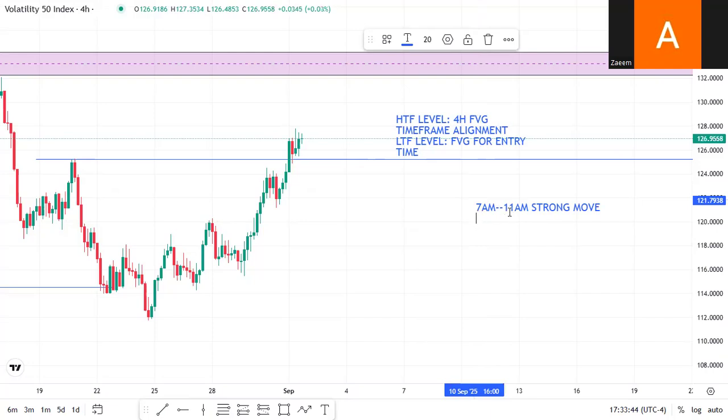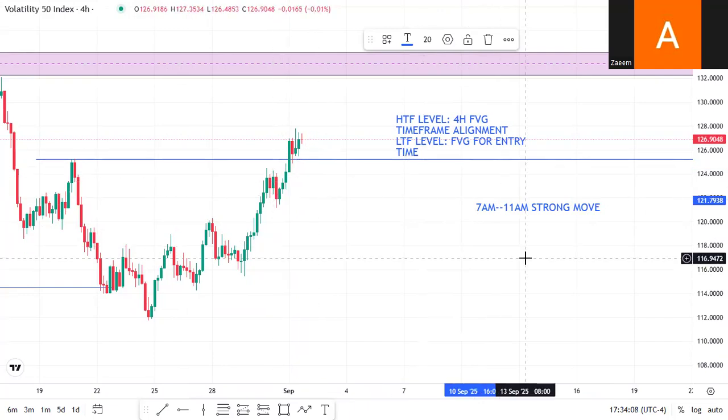From 7 a.m. to 11 a.m., volatility indices have a strong move. At this time, boom and crash do move, but it's not strong. They move relatively, but not as strong as this.